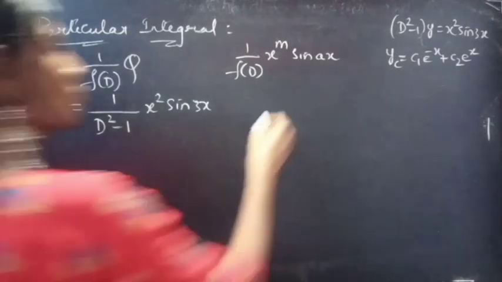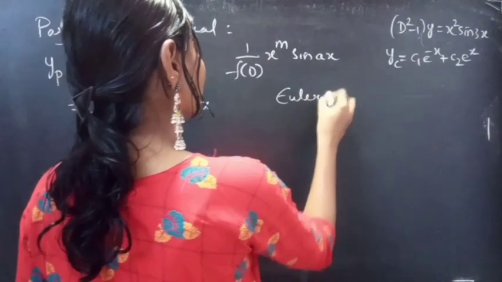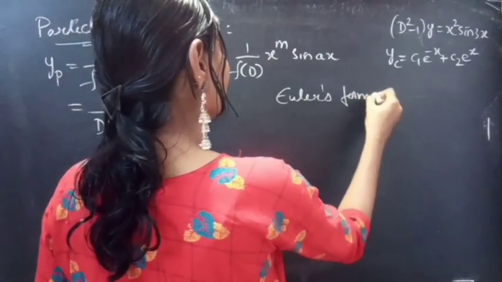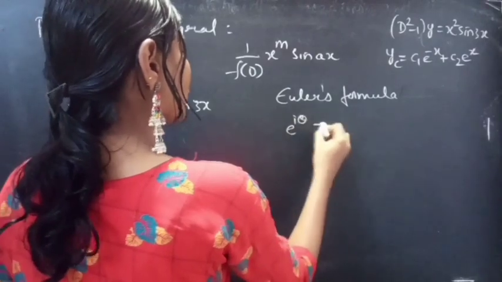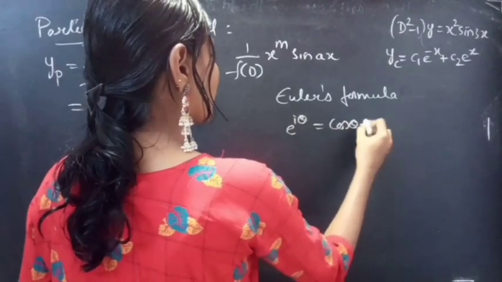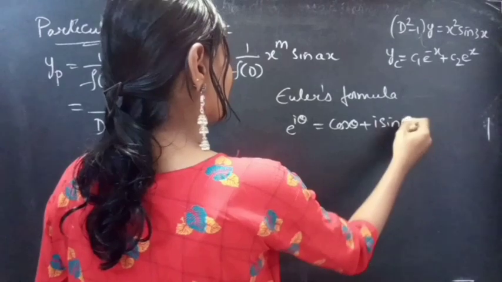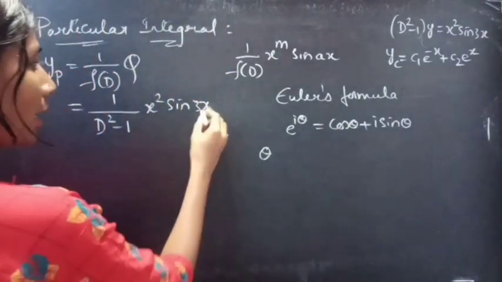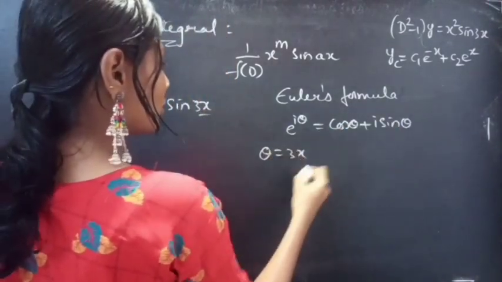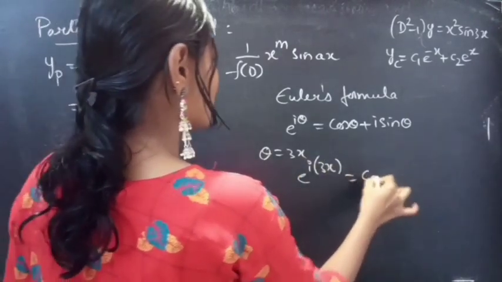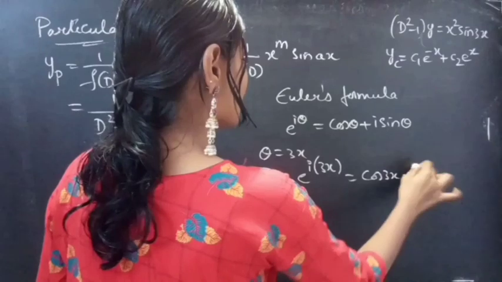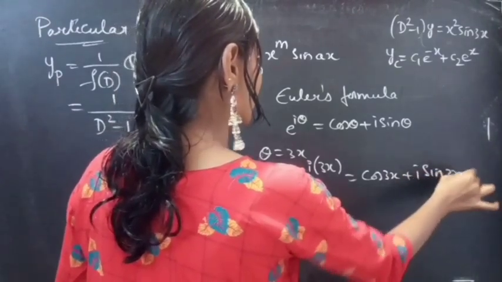We have Euler's formula. e power i theta equals cos theta plus i sin theta. When theta equals 3x, we'll have e power i into 3x equals cos 3x plus i sin 3x.